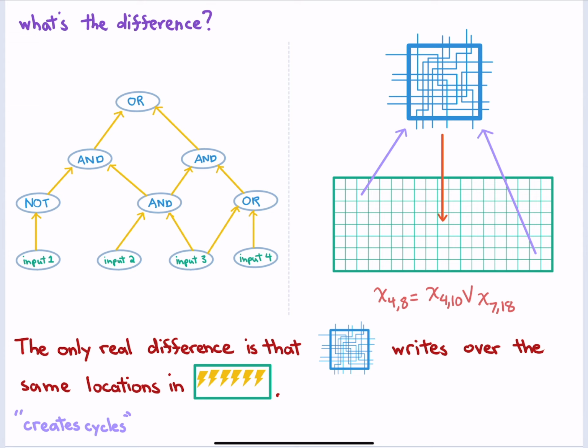They always just go up. But here, you have some variable i, you write to it, you update it, and then later in time you can come back to i and depend on the previous value of i. So you get these kind of weird cyclic dependencies in the logic, so to speak.